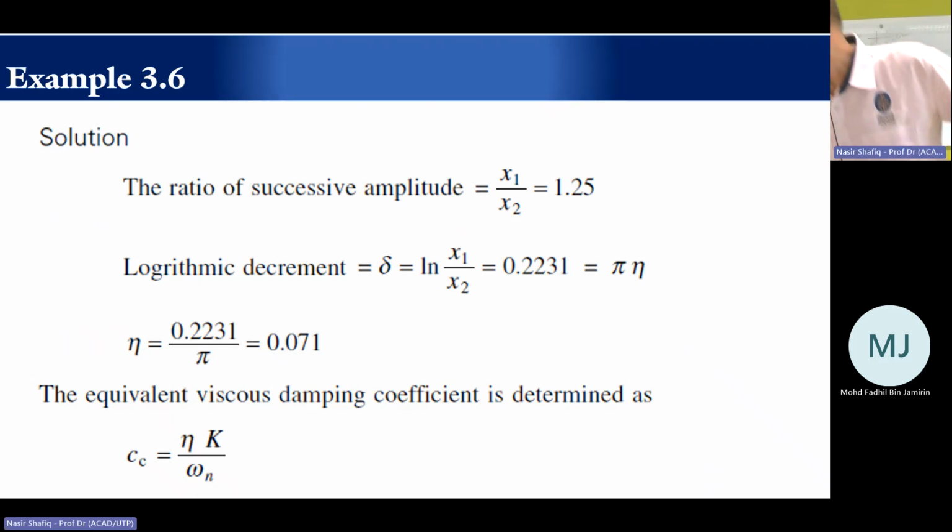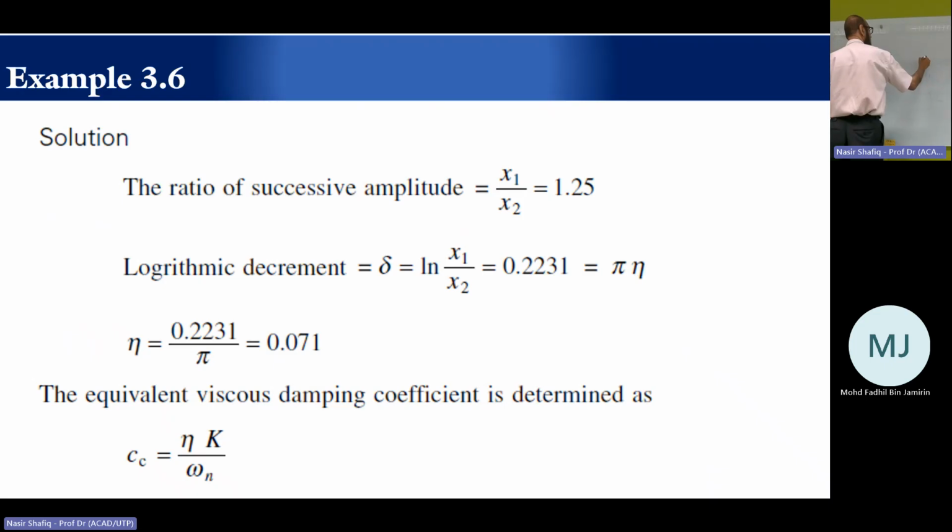So this was x1, and this is the next consecutive peak x2.